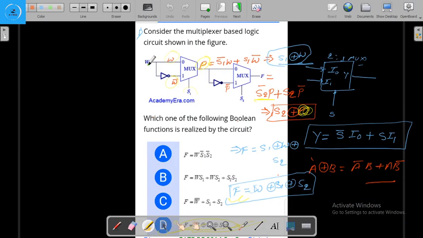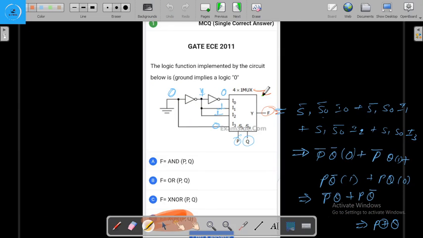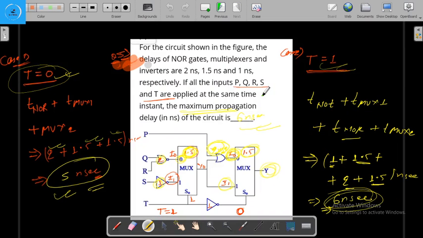Rest all are good. This one is also a little bit tricky question. When we miss any of this, we end up with the wrong answer. So in this video we have completed the 5 questions.